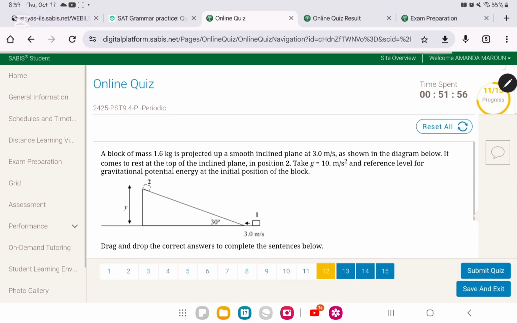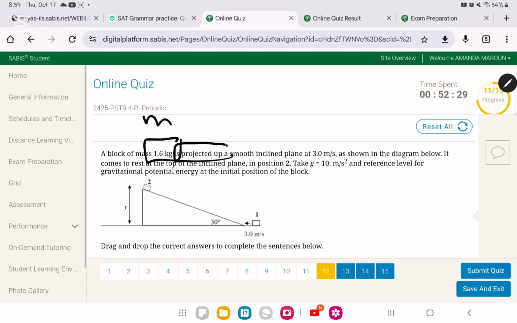Okay? Question number 12. A block of mass 1.6 kg is projected up a smooth inclined plane at 3 meters per second. This is velocity initial. It comes to rest, so velocity final is 0. In the beginning it was 3 meters per second, then it became 0 meters per second at the top of the inclined plane in position 2.